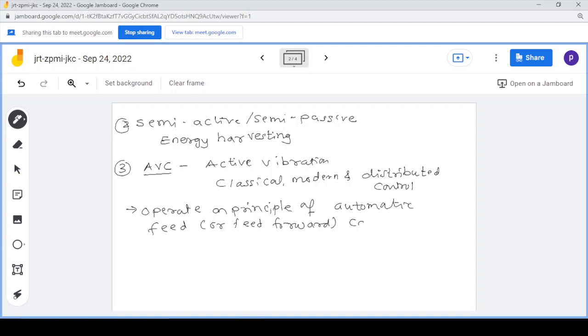Automatic feedback control or feed forward control. And thus all the fundamental attributes of the closed loop control system that we are going to discuss ahead.